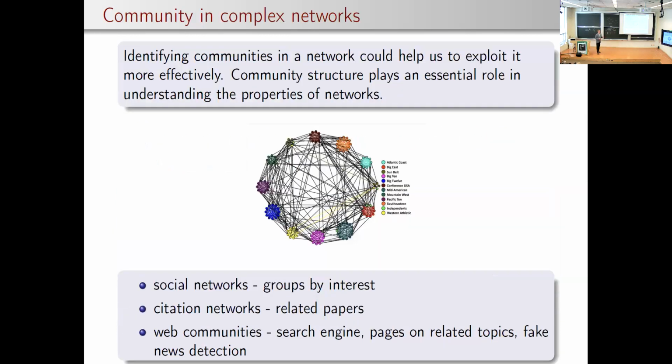To do this, we cannot just look at the graph without some internal structure, and a very important structure in graphs is community structure.